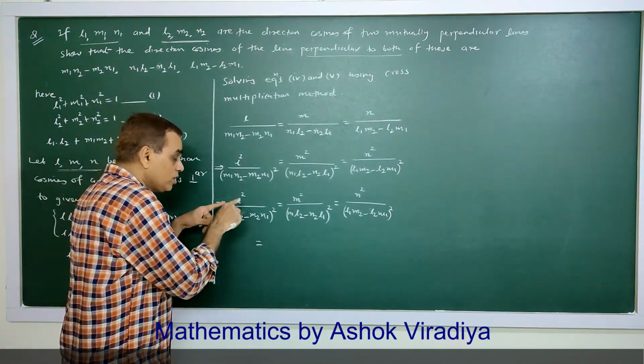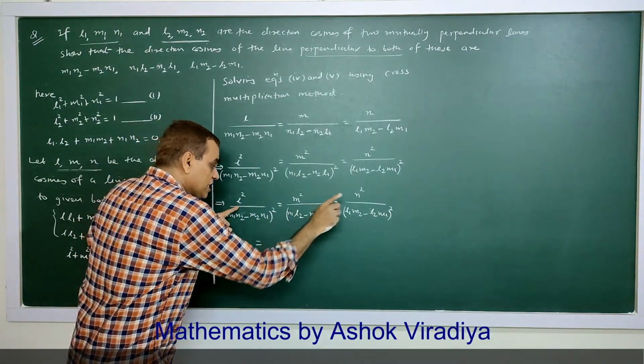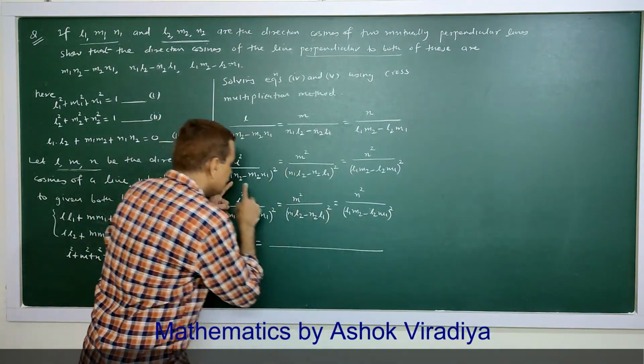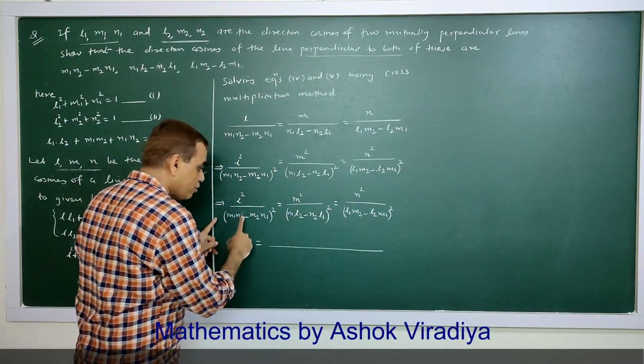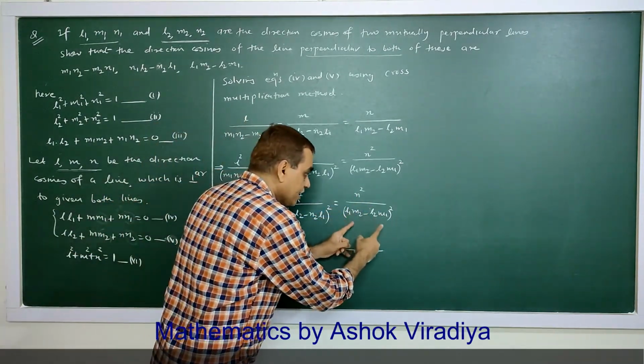to, each ratio equal to numerator plus numerator plus numerator upon denominator plus denominator plus denominator.